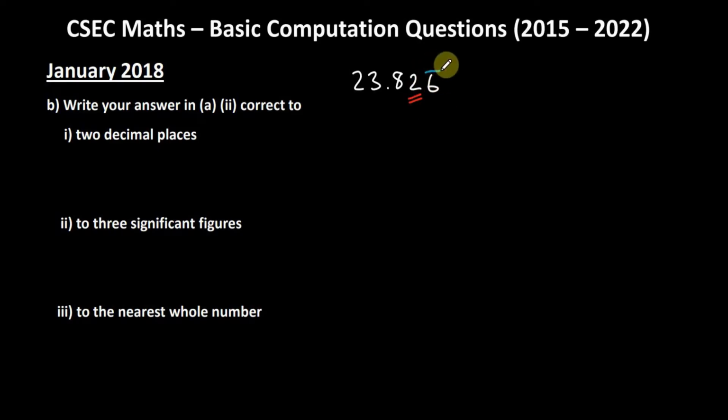If this digit is 4 or less, we'll keep the 2. If it falls under the category of being 5 or greater, we'll round up the 2 by 1, of course. And most definitely 6 falls under the category of being 5 or greater. 6 is actually greater than 5, therefore we will round up this 2 here by 1.